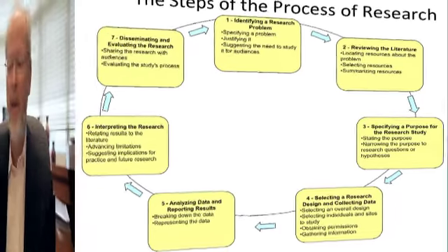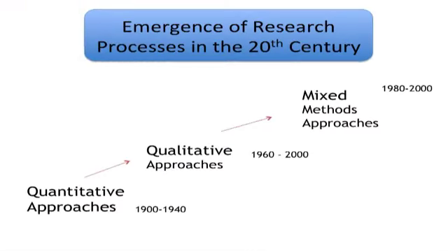So these are the general steps that people go through, typically in a sequence, one following the other, but not always. But they're good steps to have in mind as you're thinking through the entire process of research. And whether you're doing quantitative or qualitative or mixed, these are the steps that we'll be going through, and they became evident way back in the beginning of the 20th century, the early time period when quantitative research was being formed.